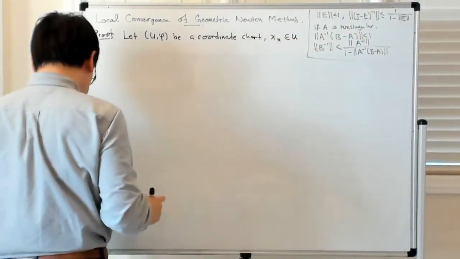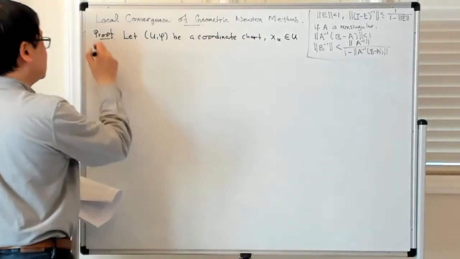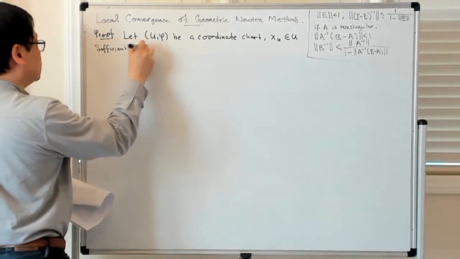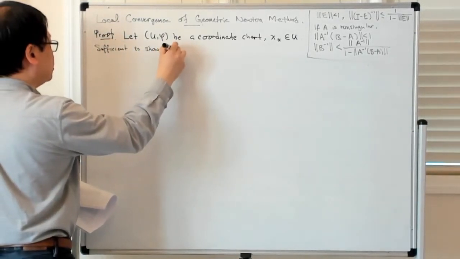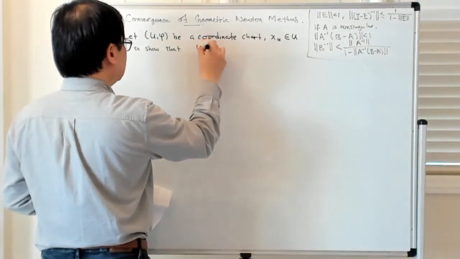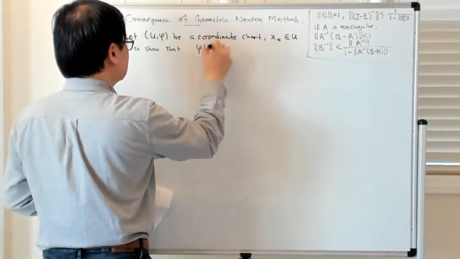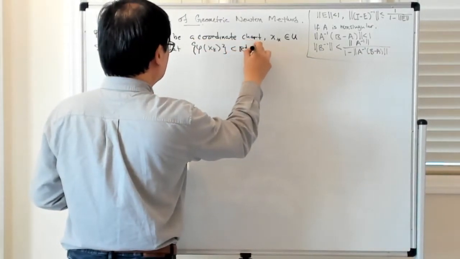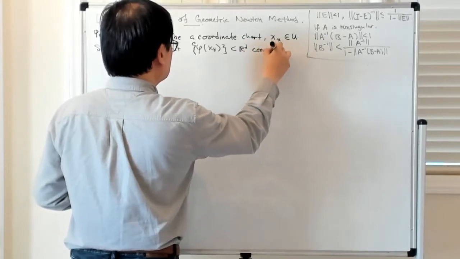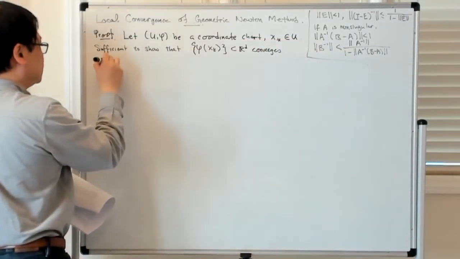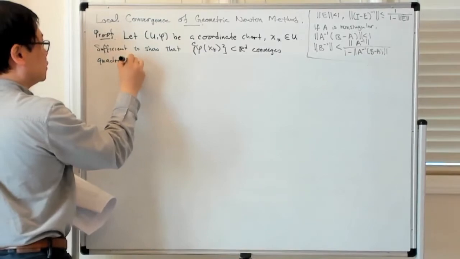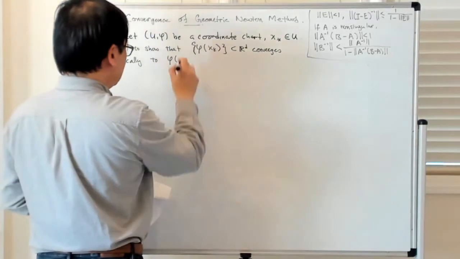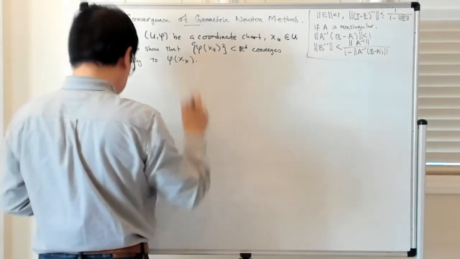Then to prove quadratic convergence, it's sufficient to show that the image of the sequence of iterates, which is contained in R d, converges quadratically to the image of the zero of the vector field.